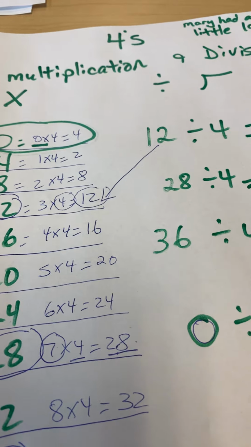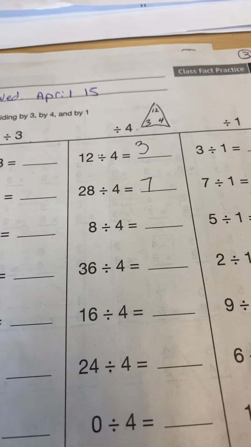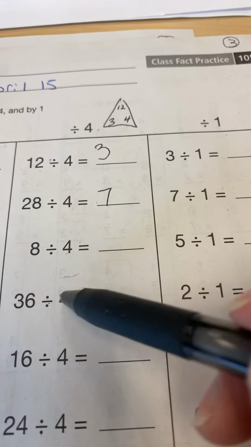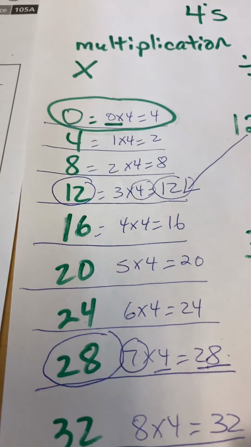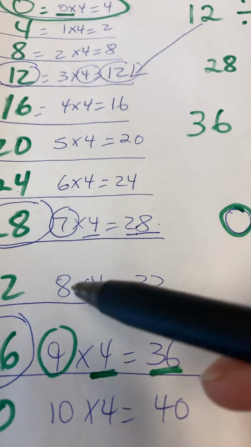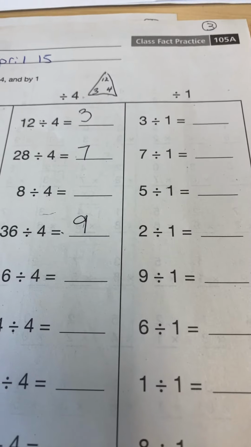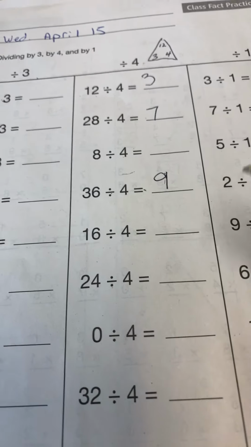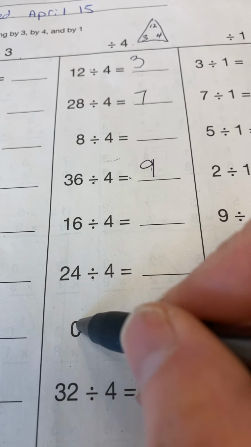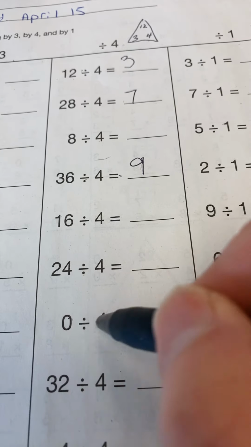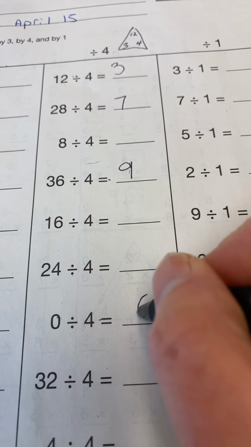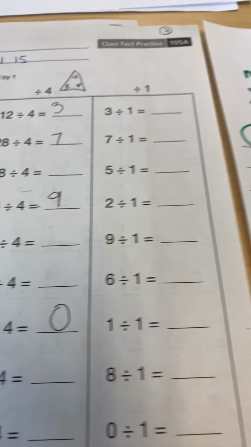Then I'm going to skip all the way down to 36 divided by 4. So 36 divided by 4 is 9 times 4. One of them to really remember is that anytime you use 0, 0 times 4, 0 divided by 4, remember that 0 is very powerful and it is 0.